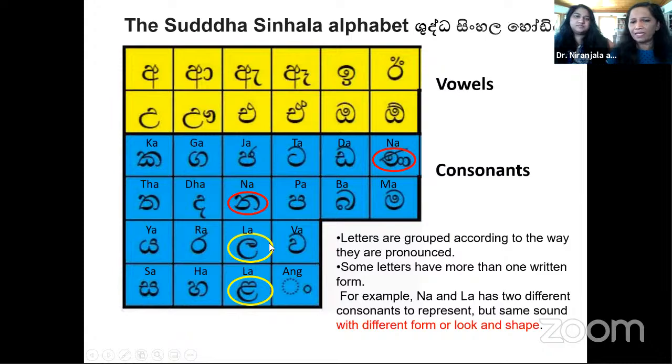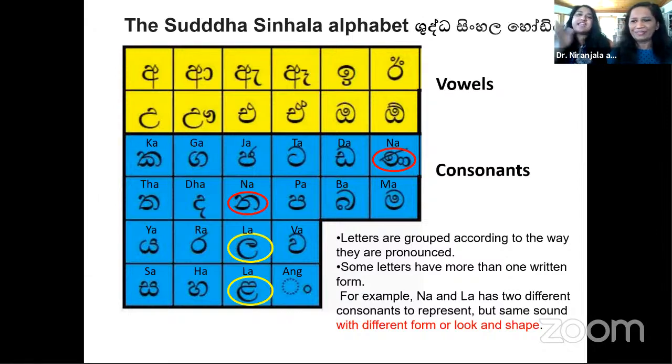And same with this la and this la, it's the same sound, but in order to write some things, you need this particular one. And most people don't even really know which one to put at the right place. And me too. So it doesn't matter.